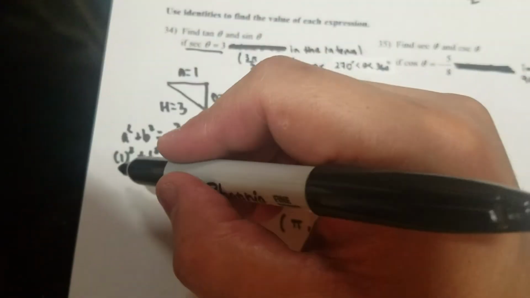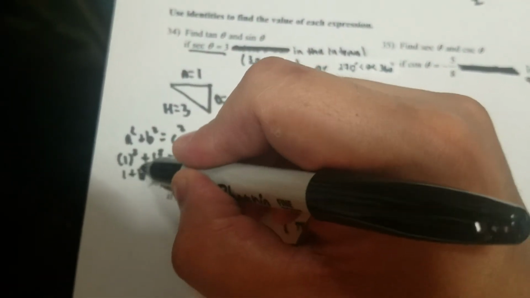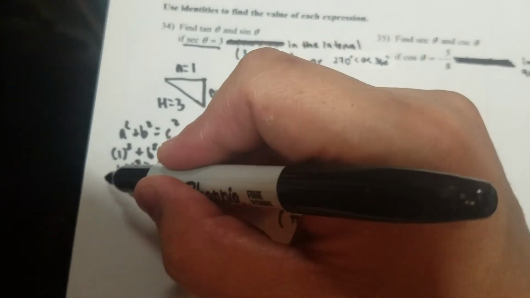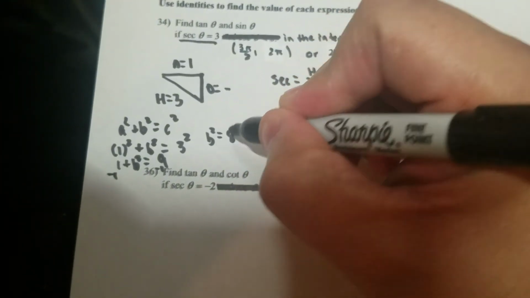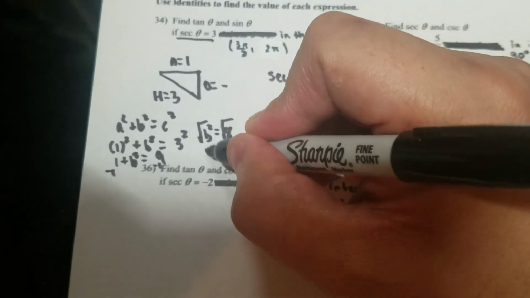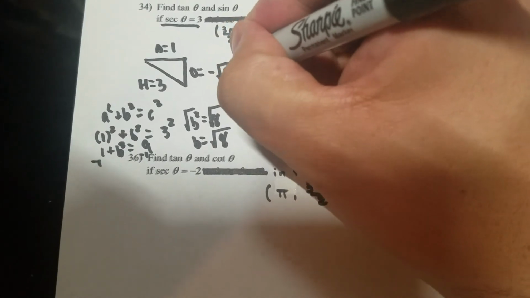Okay, so continue solving. 1 plus b squared equals 9. Subtract 1, subtract 1. B squared equals 8. Square root this thing. B is equal to the square root of 8. So this is negative square root of 8.